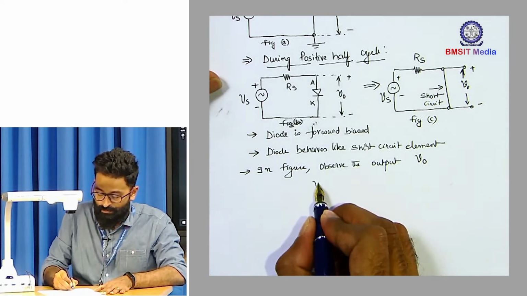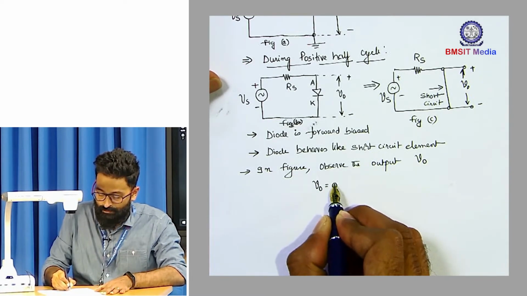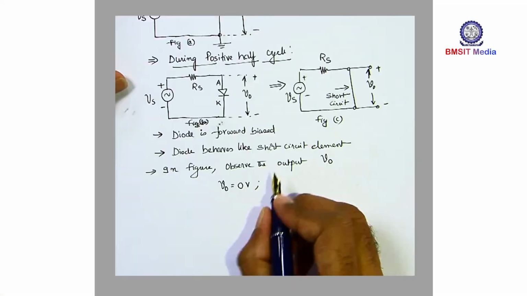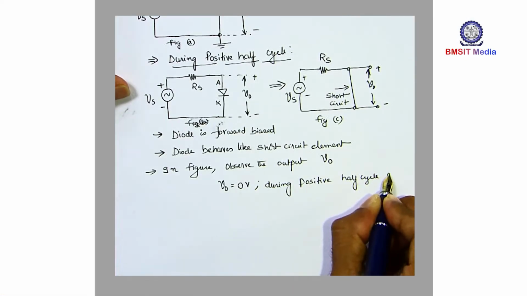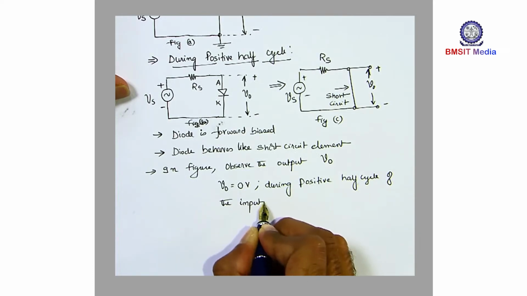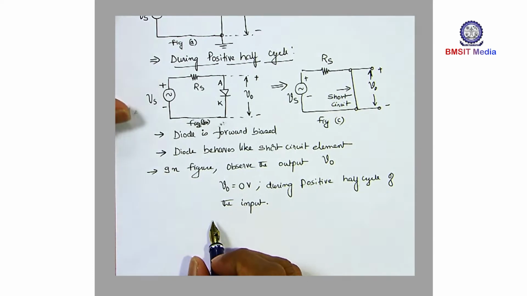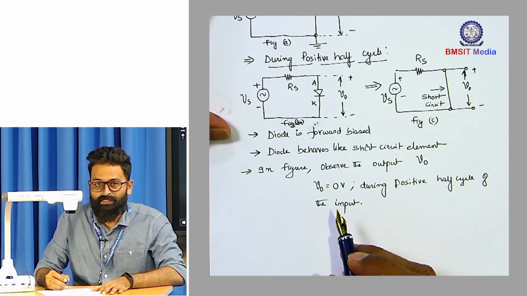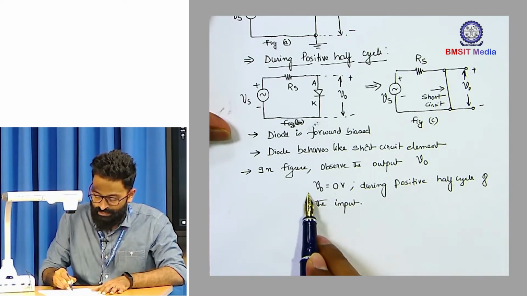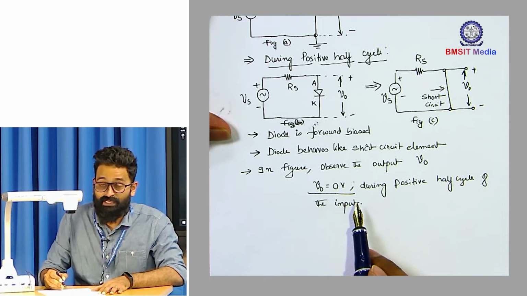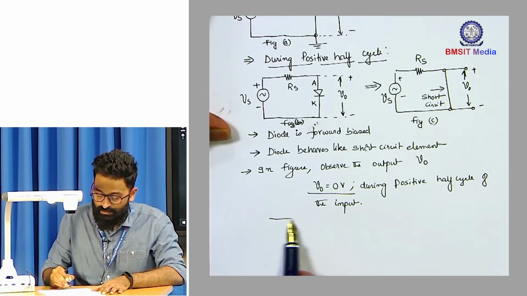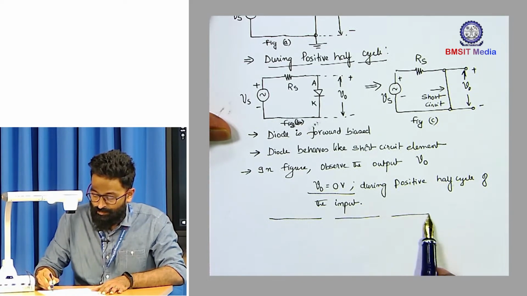So V0 is equal to 0 volts during the positive half cycle of the input. For the positive half cycle of the input, the output stays at the 0 volt level. Hence you can say that the positive half cycle is getting clipped. That is the reason it is called a positive clipper.